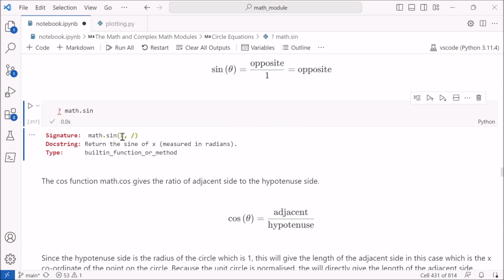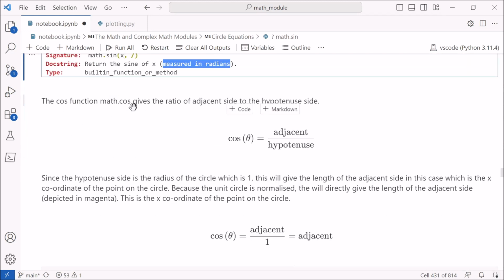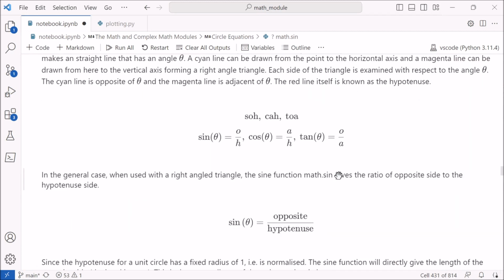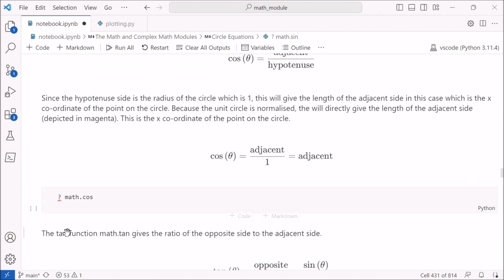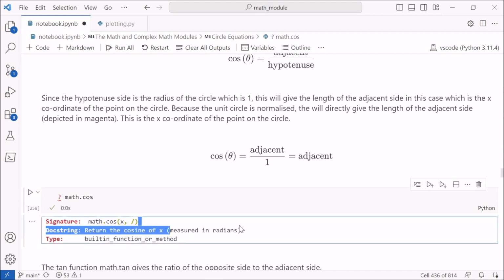So we can have a look at the sine function. Note that it's measured in radians. And we can have a look at the cos function. So the cos of the angle is going to be the adjacent over the hypotenuse. Once again, the hypotenuse is 1, so this is going to give the adjacent. And if we have a look at the tan function, we can see once again that it's measured in radians.